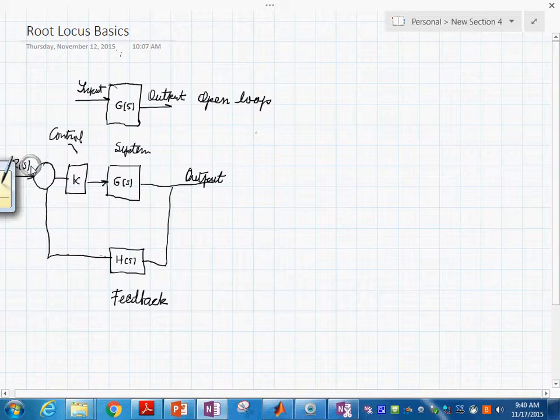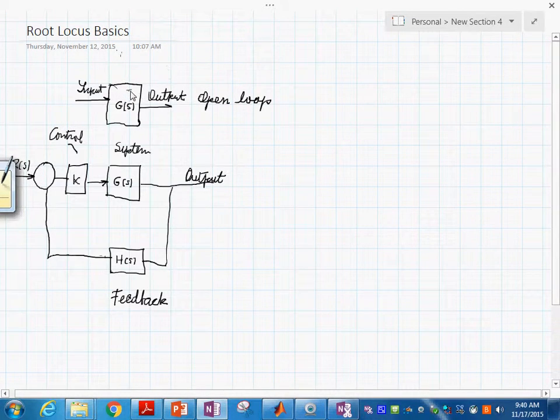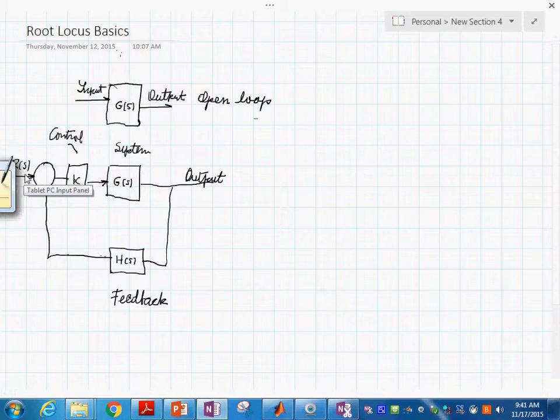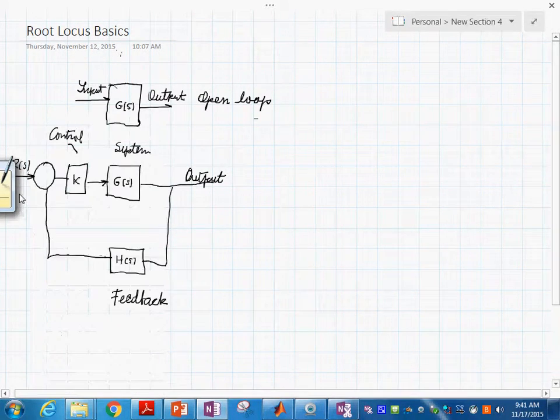Like, for example, if we are setting the temperature of a room, this is our room, and then we would have a reference point about which we measure things.